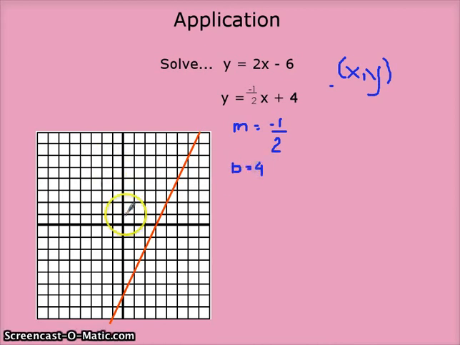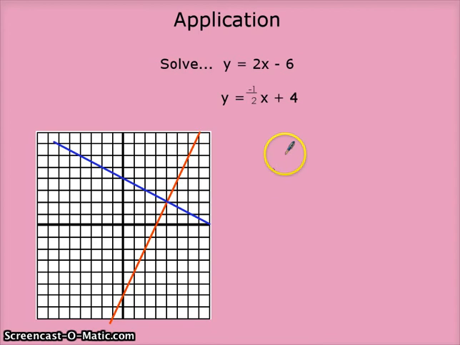We're going to do the same thing where we go up the y-axis 1, 2, 3, 4, and put our first dot, and then we're going to go down 1 and over 2 to get our other points. And you should get a line that looks like this.